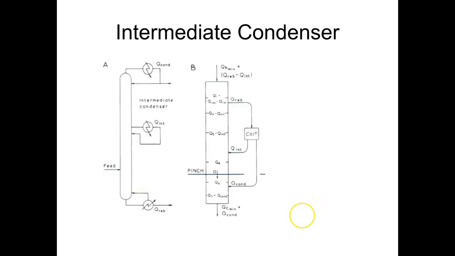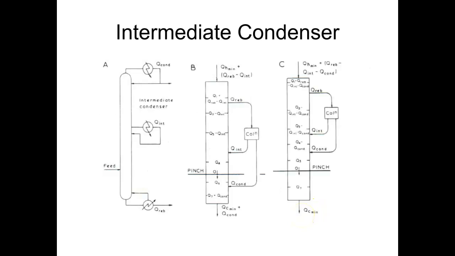So let us look at column C, where we can see that the column is very properly placed with respect to the process. The reboiler is above pinch, the condenser is also above pinch, but the heat loads of Q reboiler and Q condenser are such that we cannot supply the entire amount of energy from the process to the distillation column.